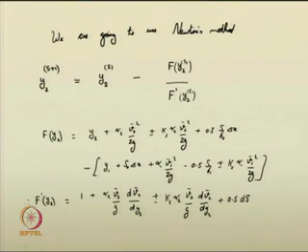Therefore, this quantity can be written as 0.5 into the derivative of SF2 with respect to y2 into del x, minus whatever quantities are there in the bracket. Do you think they are functions of y2? They are not. So, minus 0. This is how you evaluate f dash of y2.